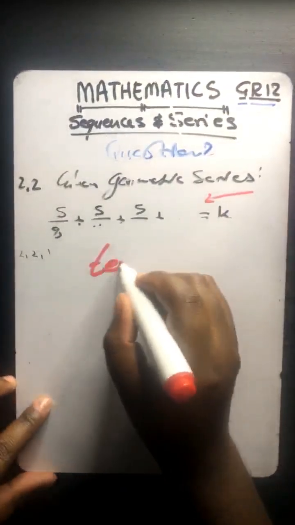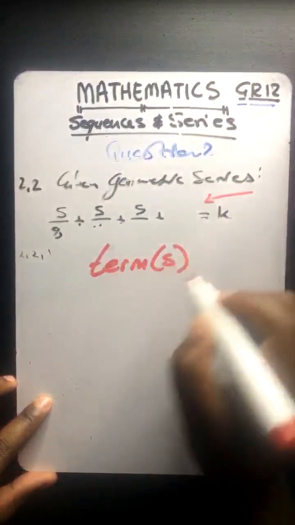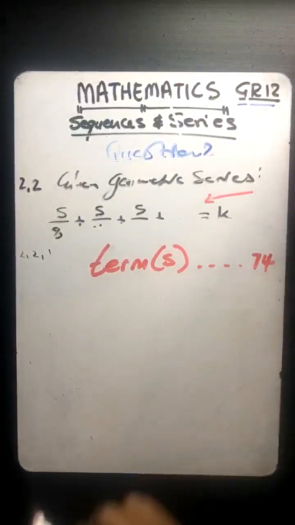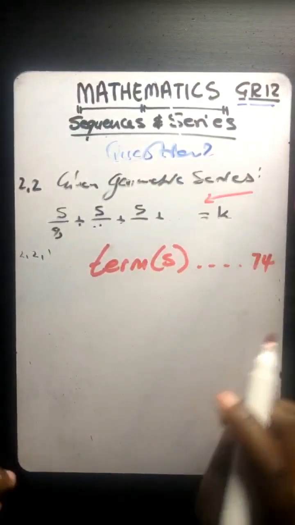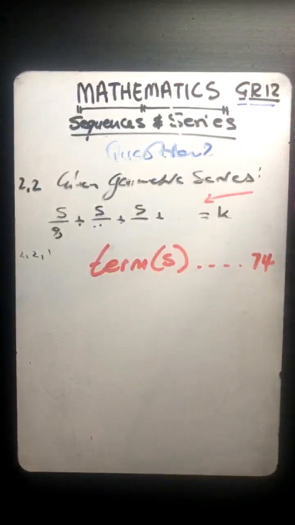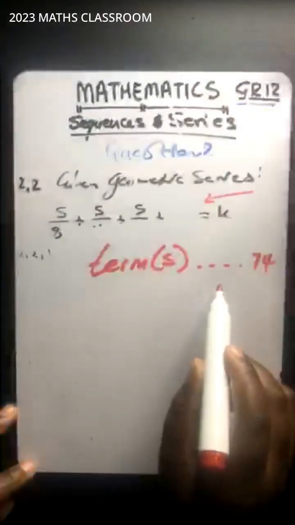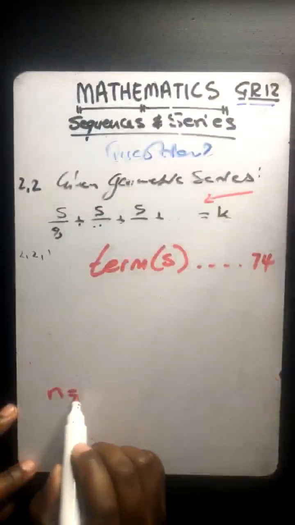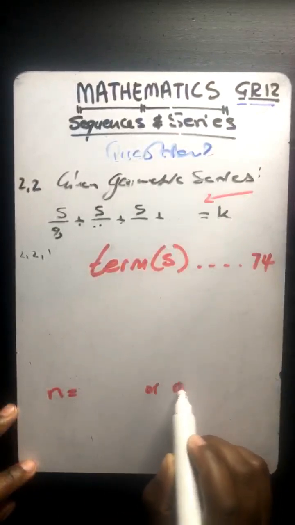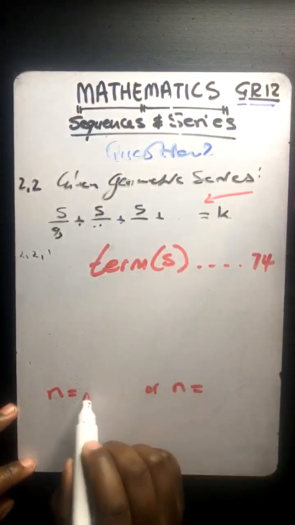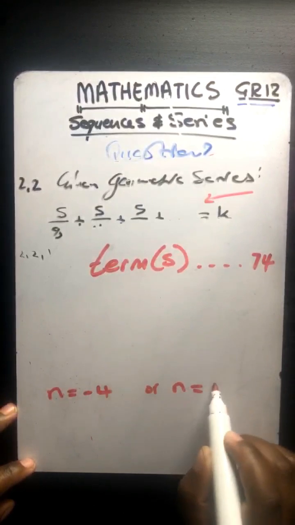If a question comes and they're saying which term or terms of the sequence will have a value of 74. So for those who don't attend all of my lessons, they are going to miss this important information. If you remember, I did say when you have a quadratic equation, you're going to have 2 possible values, where the one could be maybe -4 and the other one could be 7.